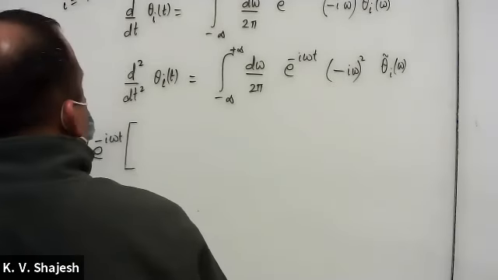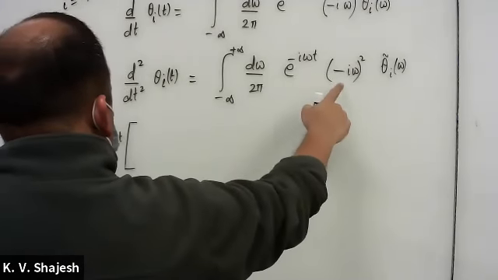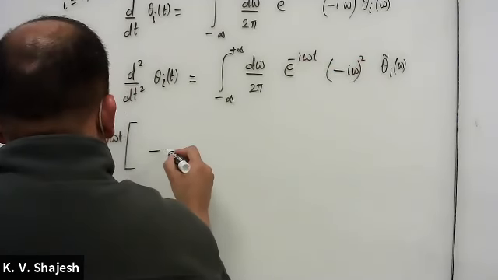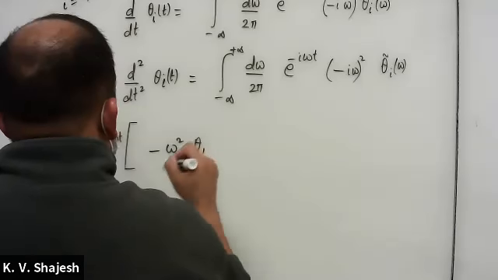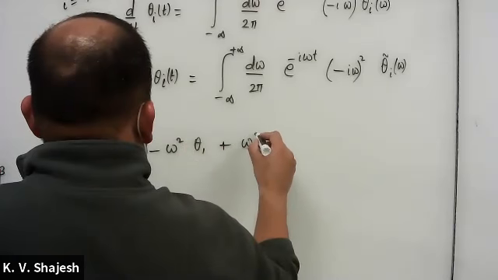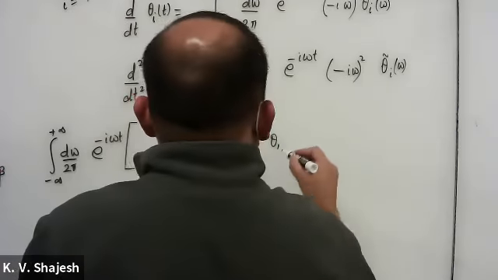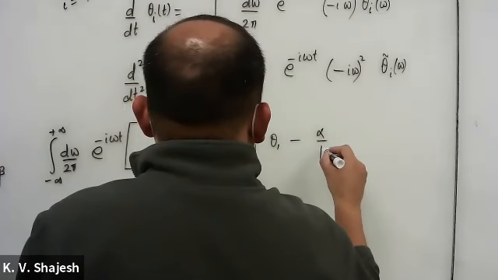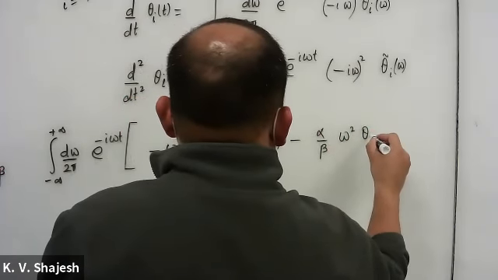As a minus i omega square. So it's minus i omega square, and i square is minus, so it's minus omega square theta 1 plus omega 1 square theta 1, and I have alpha over beta omega squared times theta 2.